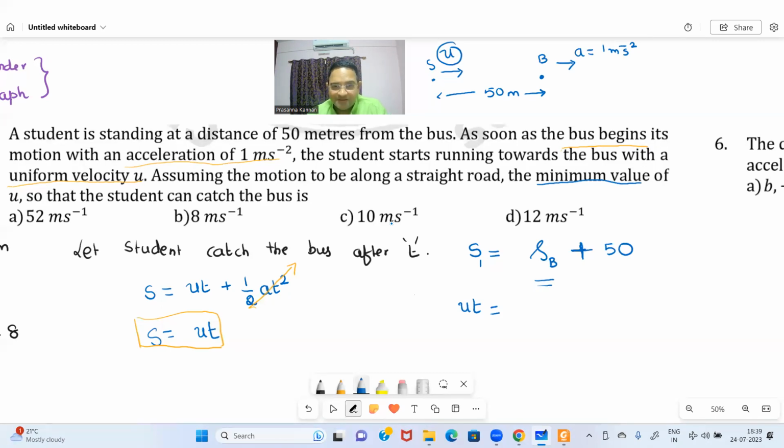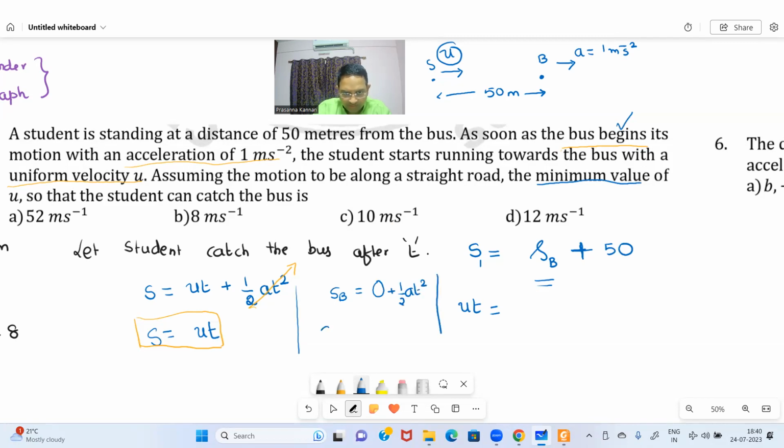Does the bus have an initial velocity? It is 0, right? Because it begins from rest. So if I write the equation, the formula is ut plus half at square, but u is what? 0.